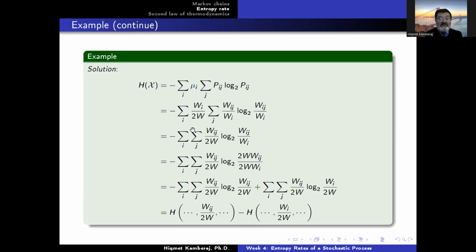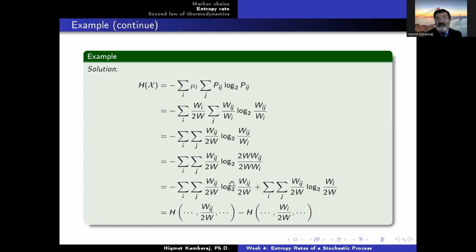Now, this is equal to, I group together the sums, minus the sum of all i's, sum of all j's, wij over 2w, because wi cancels out, log base 2 of wij over wi. Now what I do with the term inside the logarithm is multiply and divide by 2w, so it remains the same. Then I split it: I group together wij with 2w and 2w with wi.